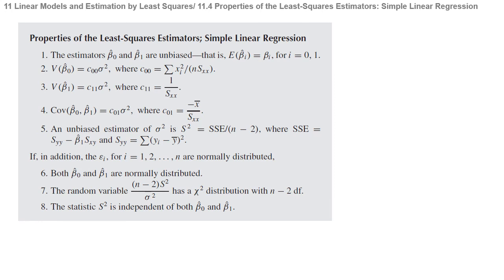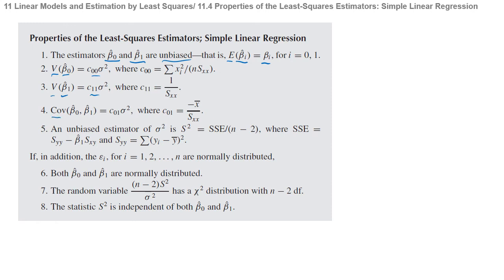This is the summary slide for what we've learned in this chapter. The first one is we learned that both beta 0 hat and beta 1 hat are unbiased. This means the expected value of beta i hat is equal to beta i. We also showed the variance of beta 0 hat, the variance of beta 1 hat, and the covariance of beta 0 hat and beta 1 hat.